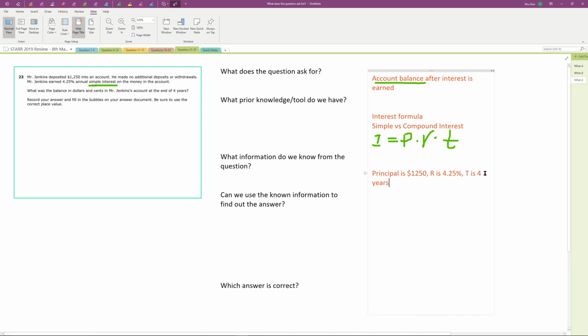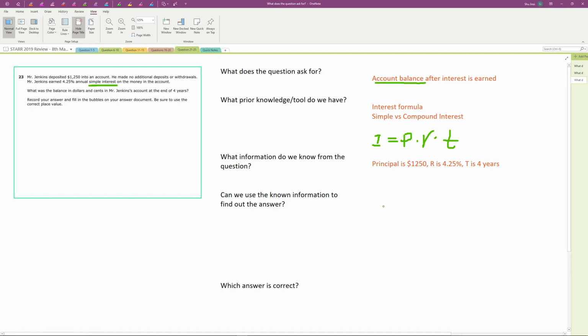Okay, so that information was given to us. Now we can go ahead and solve this problem. We are going to just apply this formula. I equals P, which is 1,250, times the rate, 4.25%, and T is 4 years, so times 4.